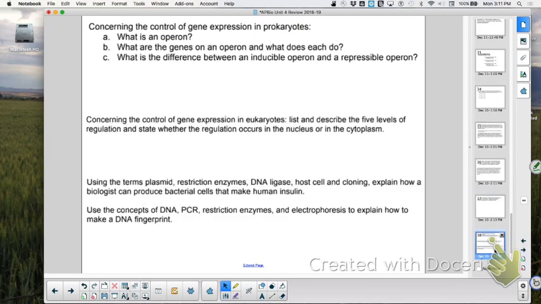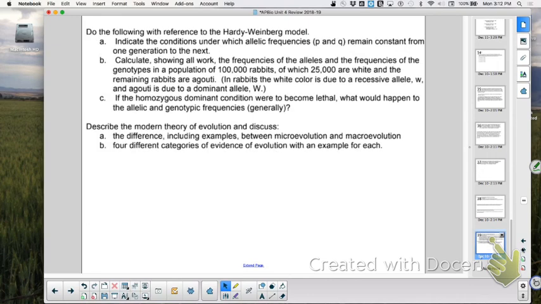This is the old school essays that you could be practicing for. Now, this should not be the first time you're looking at these, right? What have I said to you? Do it as you go along in the material, because that helps you prepare for your quizzes and your tests. There are things here about what is an operon, about gene expression, restriction enzymes, another question about restriction enzymes, and then a PQ one, Hardy-Weinberg, and modern theory of evolution.